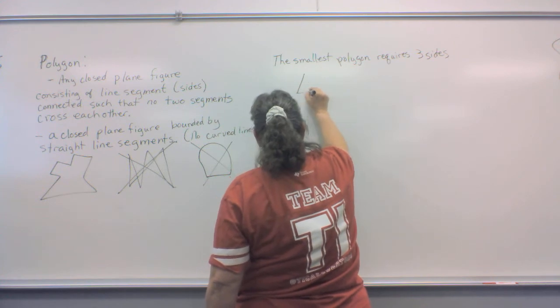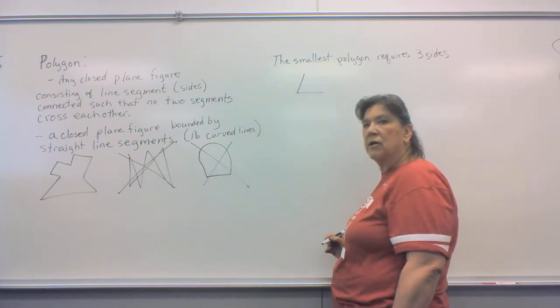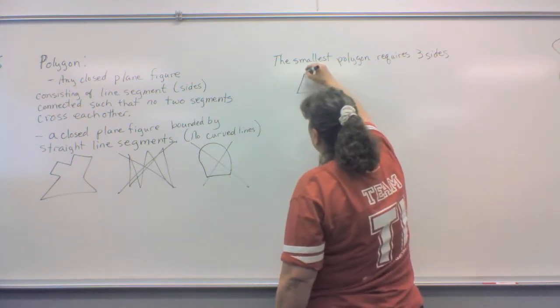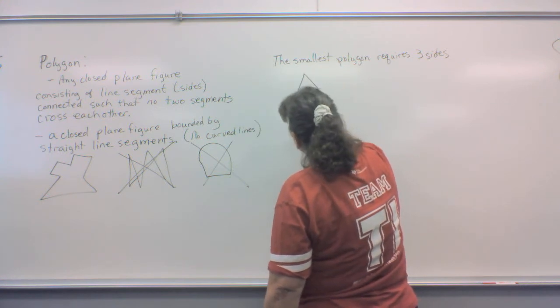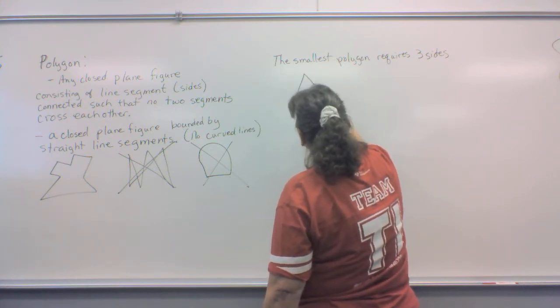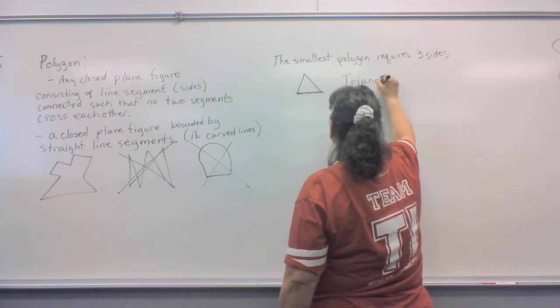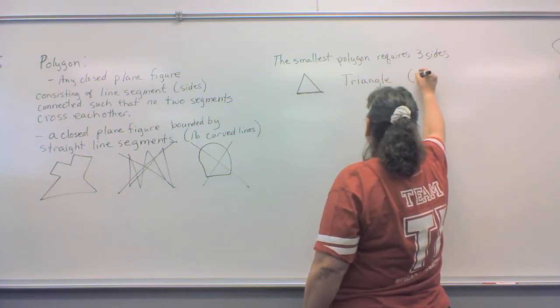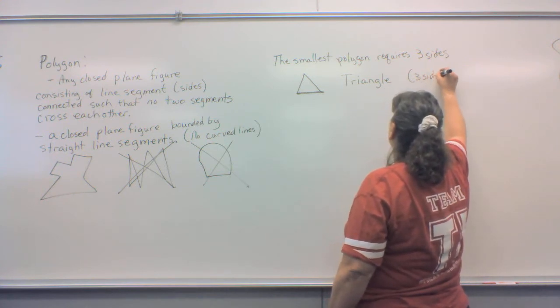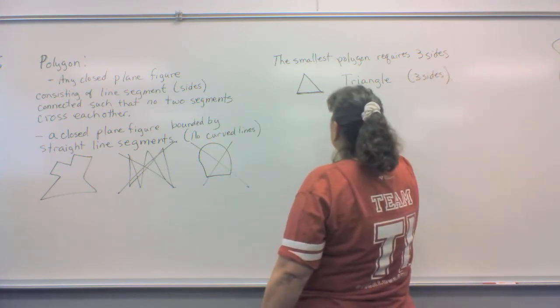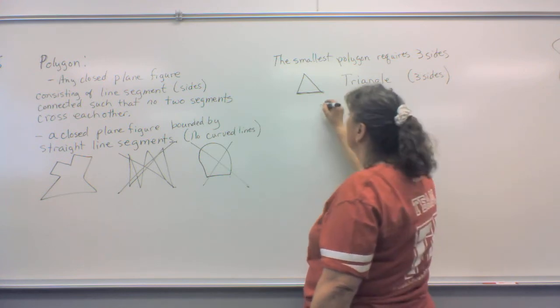See, if I have 2 sides, I can't make it closed. It will always be open. But the minute I put that 3rd side on, I now have a triangle. And a 3-sided polygon is called a triangle. Tri means 3. Always remember that.